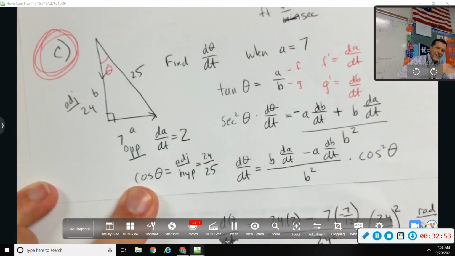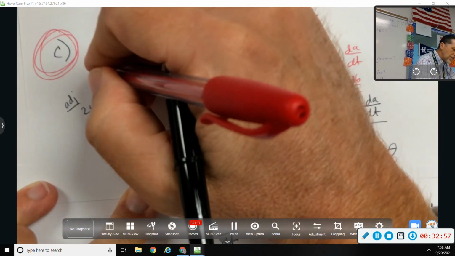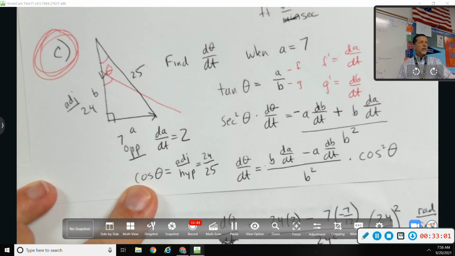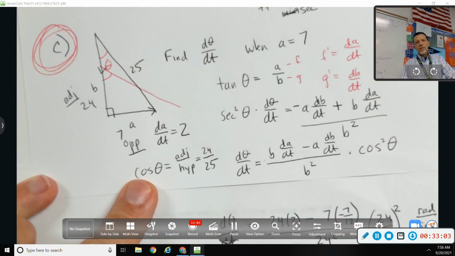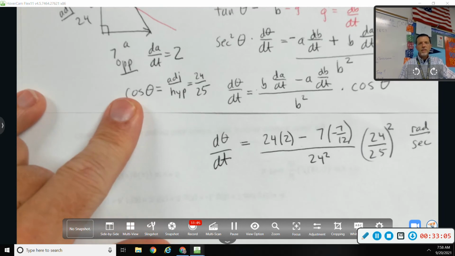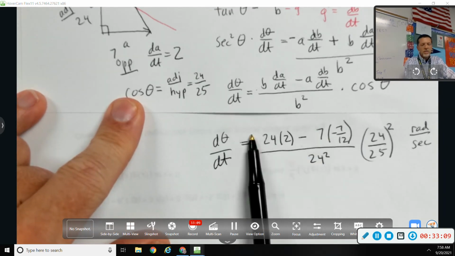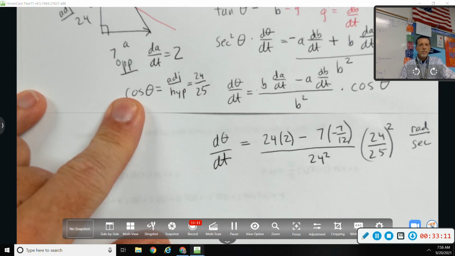Exactly. A second later, it looks like this, and that angle is bigger. So again, the positives and negatives you can kind of check whether they make sense. And I have no idea what that answer is. It's definitely positive, and that makes sense with the problem.